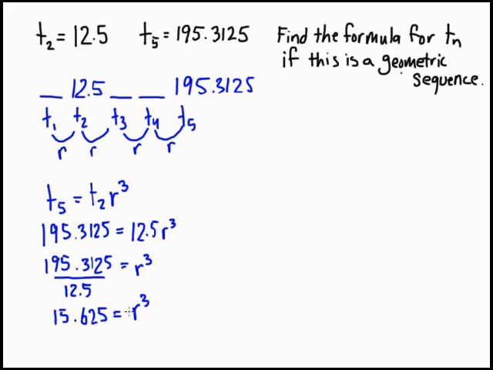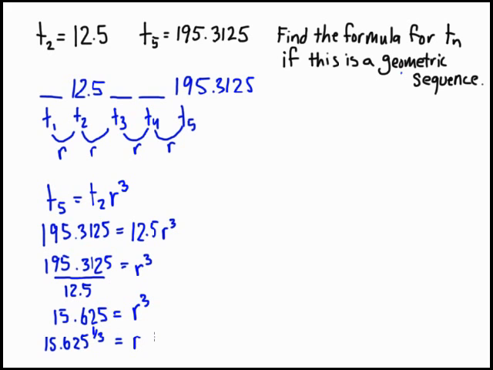Now to figure out what r is, we take the cubic root of both sides. Right now r is being cubed, so we do the inverse and take the cubic root. That's going to be 15.625 to the power of 1 over 3.